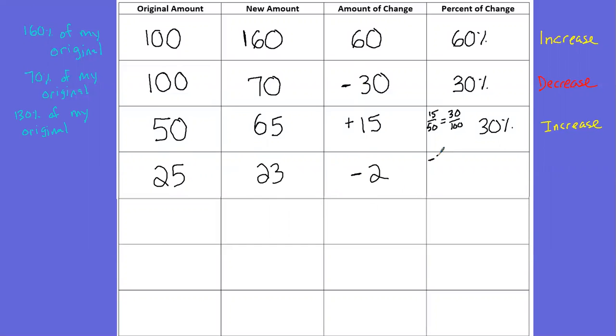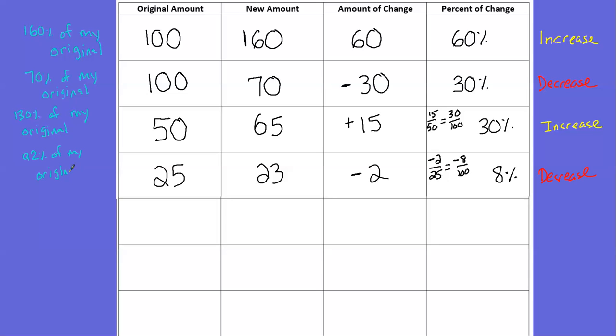So if I am going down 2 for every 25, if you multiply the top and the bottom of this by 4, you'll see that that is the same thing as losing 8 for every 100. And because I'm losing 8, I would want to call this an 8% decrease. After that 8% decrease, I now have 92% of my original.